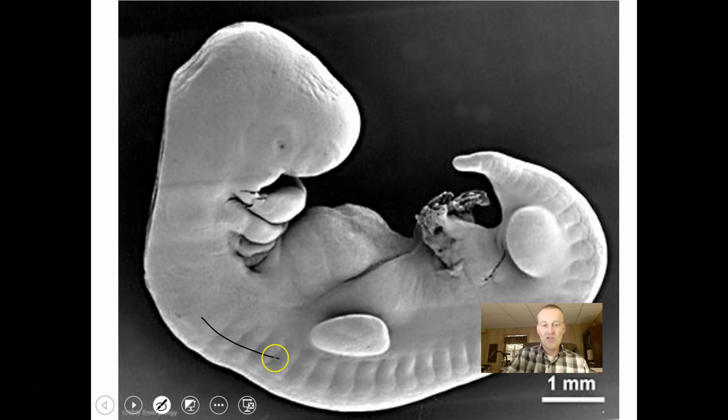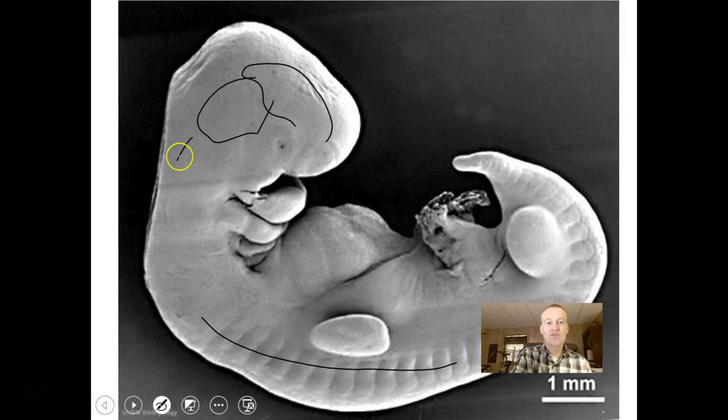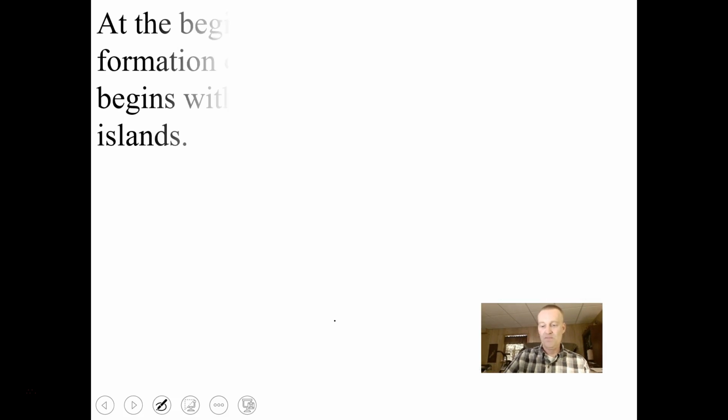And you can see they're beautifully arranged here in this embryo picture. You can see the folding of the brain up here into different sections, which is pretty cool. And it even has limb buds that you can see right here and here.